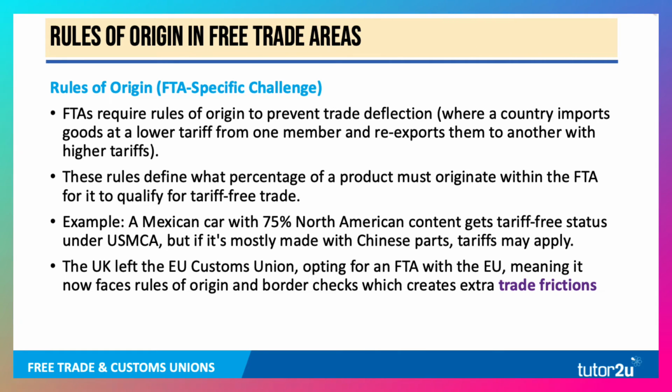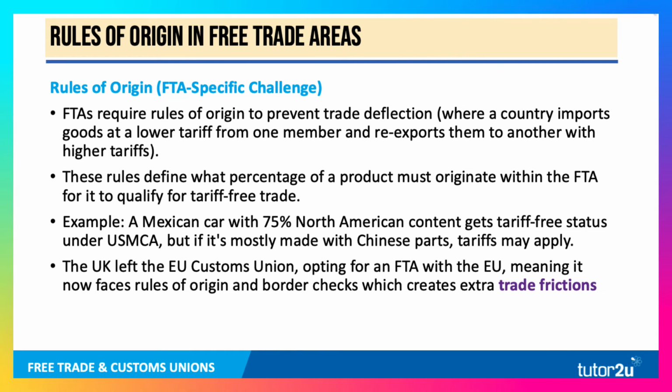So basically rules of origin define what percentage of a product must originate within a free trade area to qualify for tariff-free trade. So think about a Mexican car, manufactured and assembled in Mexico, but it has 75% North American content. So it gets tariff-free status under USMCA, but if it's mostly made with Chinese parts, tariffs might apply.